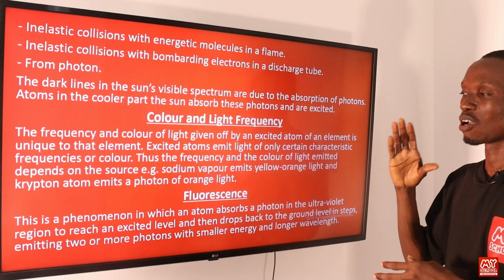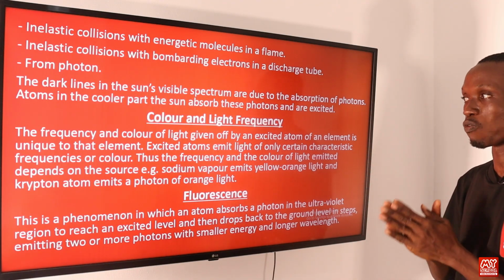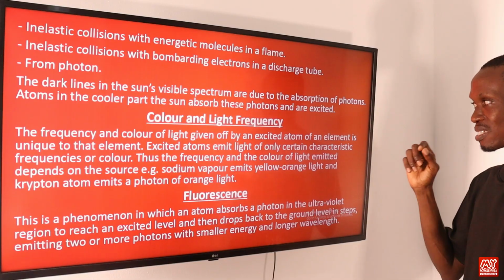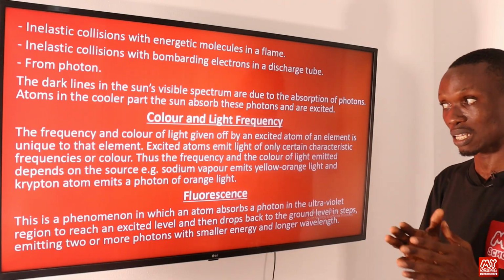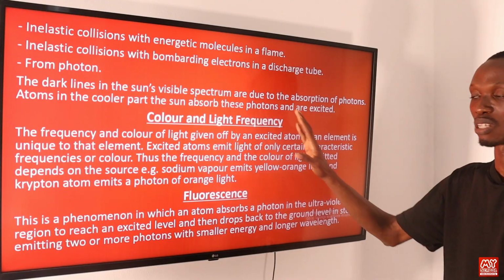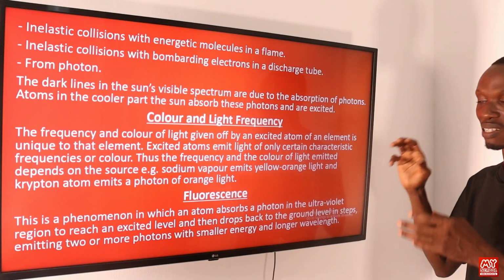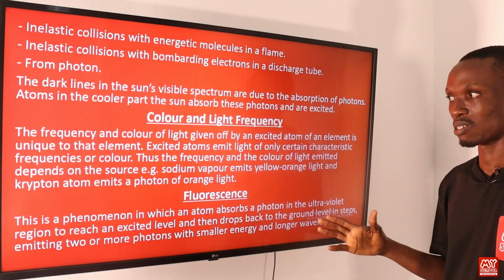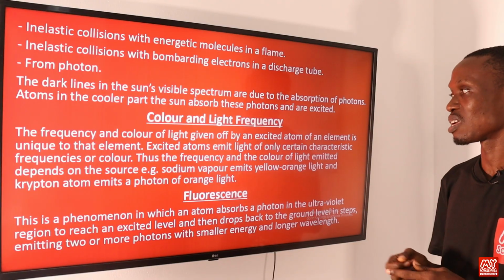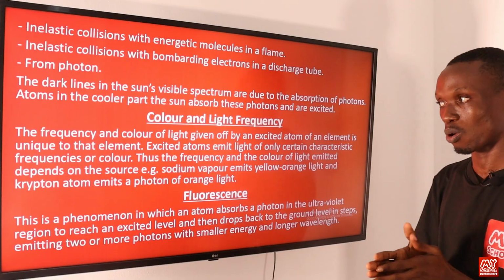Now let's talk about color and light frequency. The frequency and color of light given off by an excited atom of an element is unique to that element. Excited atoms emit light of only certain characteristic frequencies or colors.